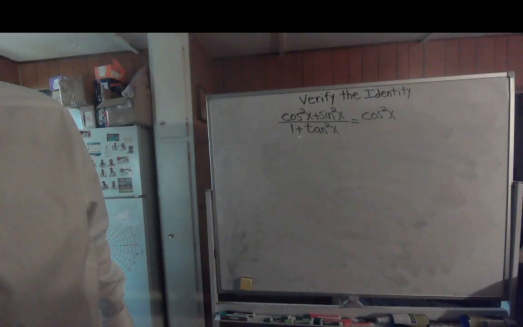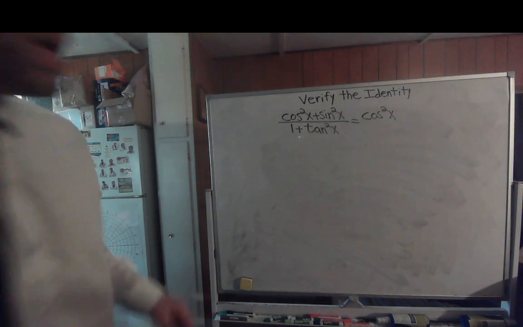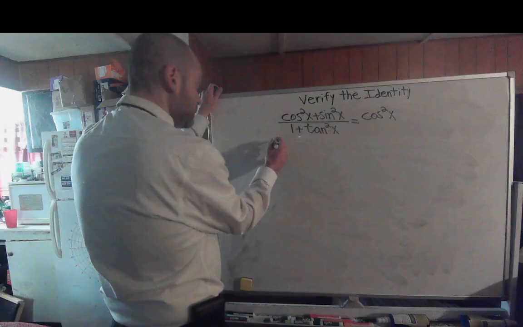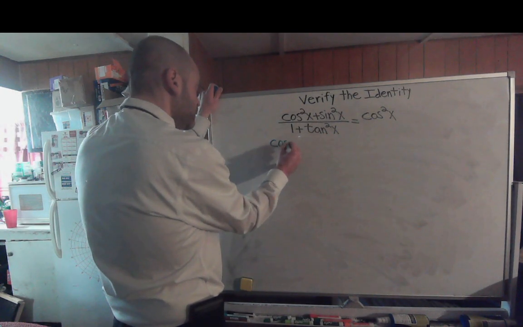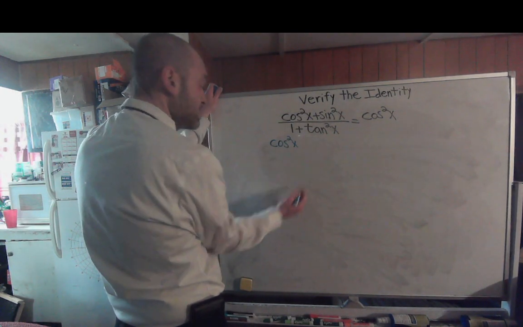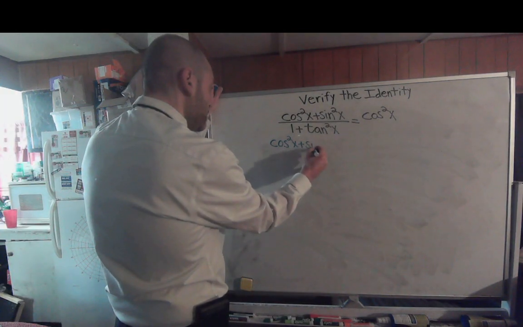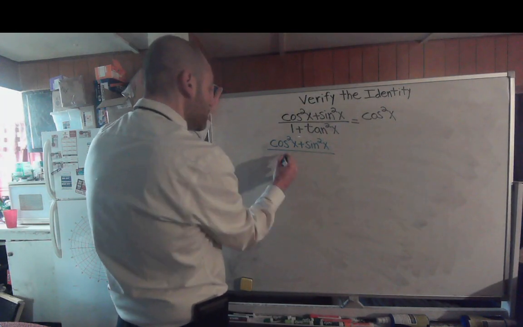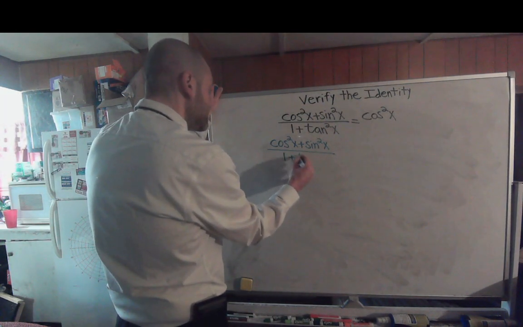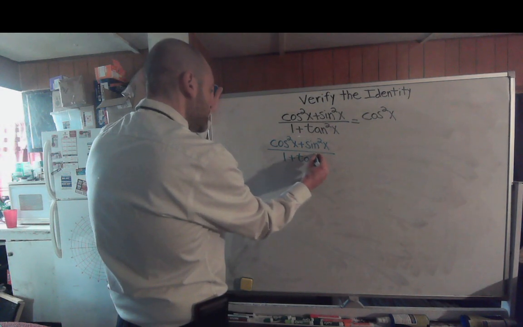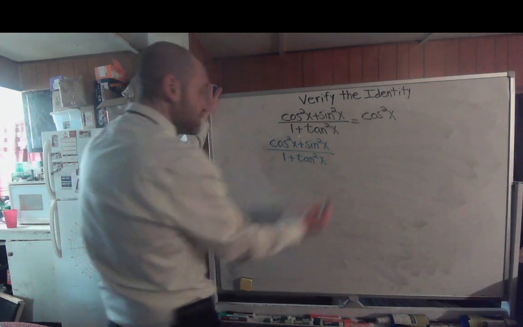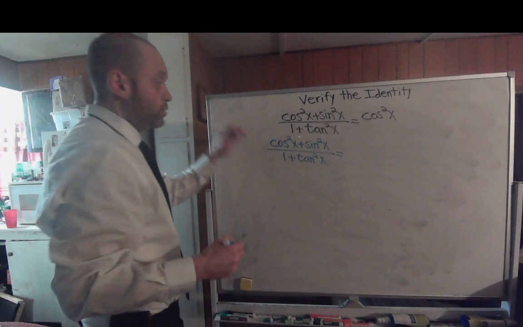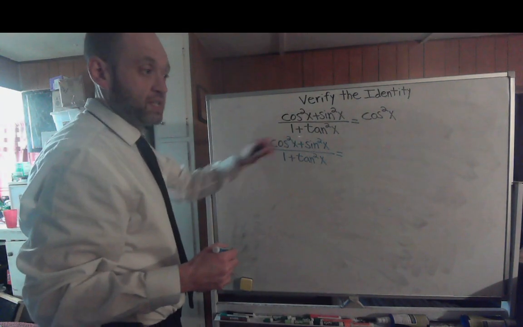Alright, so let's write our left-hand side out again. So cosine squared of x plus sine squared of x all over 1 plus tangent squared of x is equal to, now what's cosine squared of x plus sine squared of x?